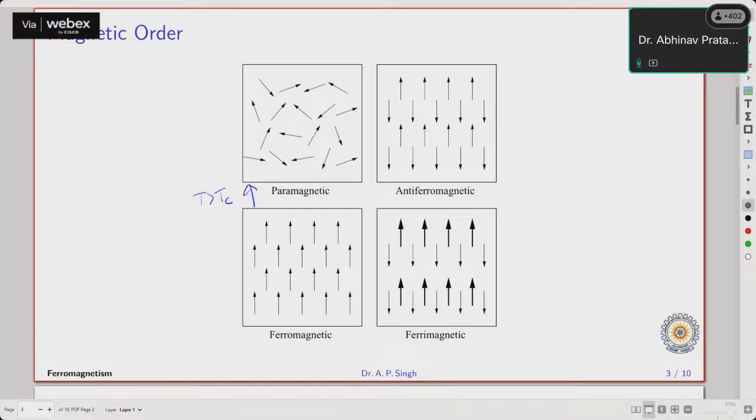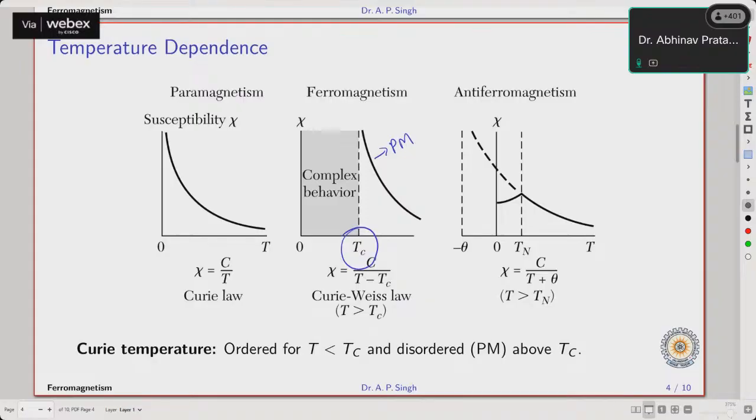Whatever coupling was there, where one spin was forcing the next spin to align in the same direction, and so on, that communication channel was broken by thermal energy, the same culprit. If you increase the temperature, the thermal energy increases and randomizes everything, and therefore the material behaves like a paramagnet. That is what you can see in this diagram also: beyond Tc, they behave like a paramagnet.